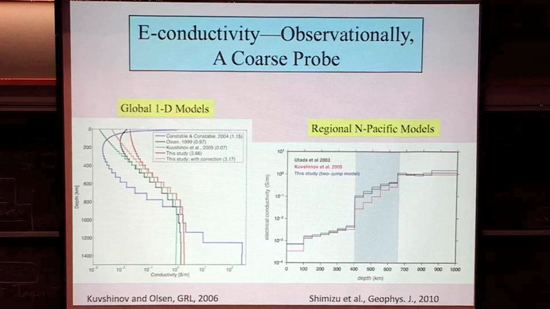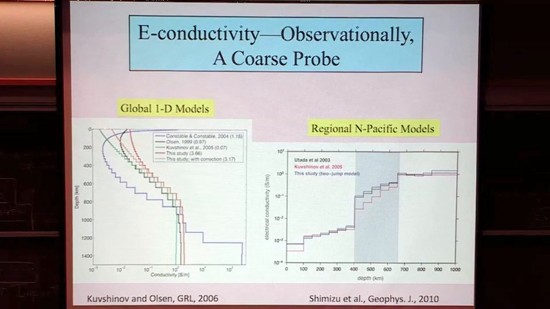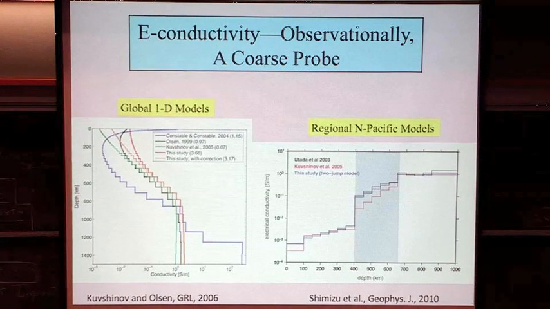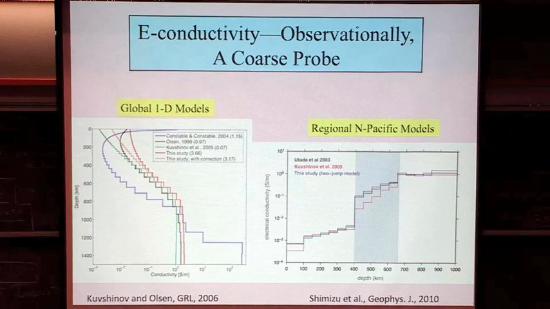What you can see is loosely that there's a gross increase between lots and lots of models in conductivity through the bulk of the mantle. Most of them then smooth off, although there is some variability depending on which model one looks at, at a relatively high conductivity value for a silicate. And if you look at regional models, you'll notice that there is no real signature of a transition zone in here that I can detect, at least.